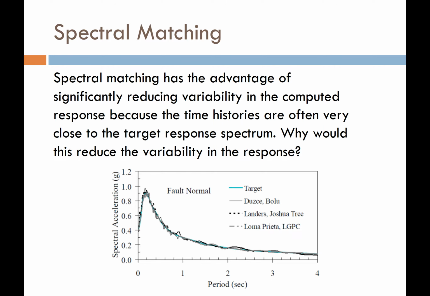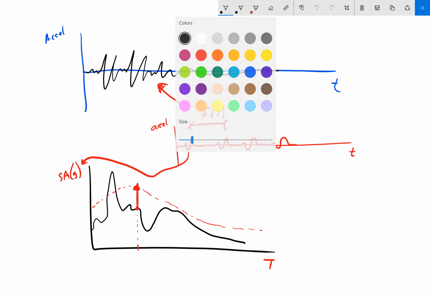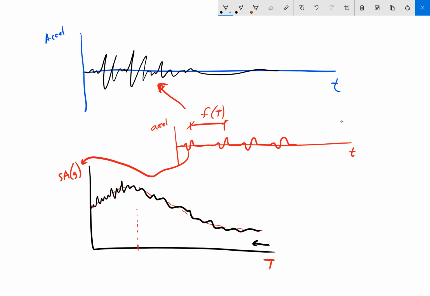So the advantage of spectral matching is that we can take response spectra that look like the one we drew here, and instead end up with something that looks like this, that follows our target really, really closely. And what's the advantage of that?